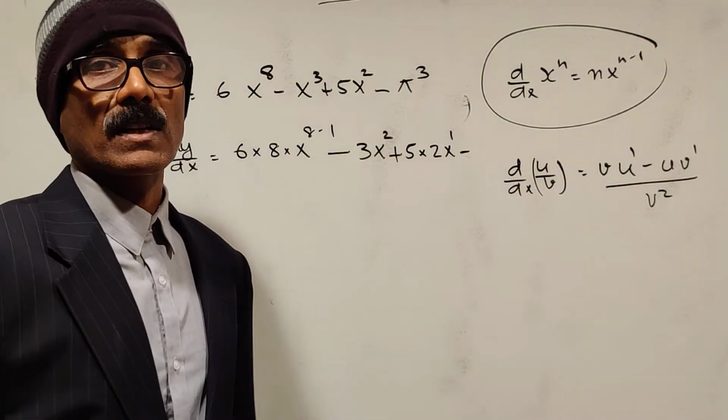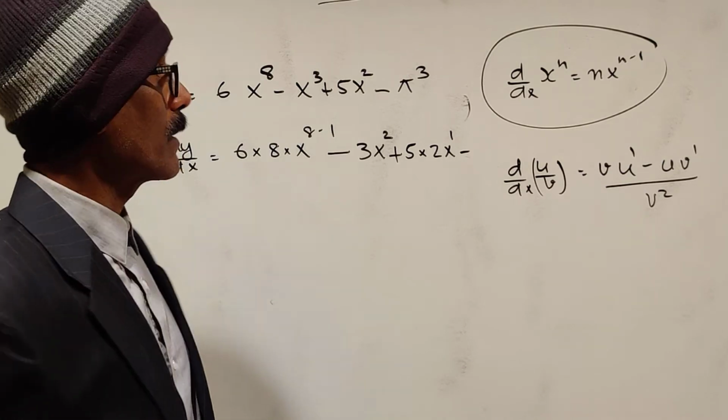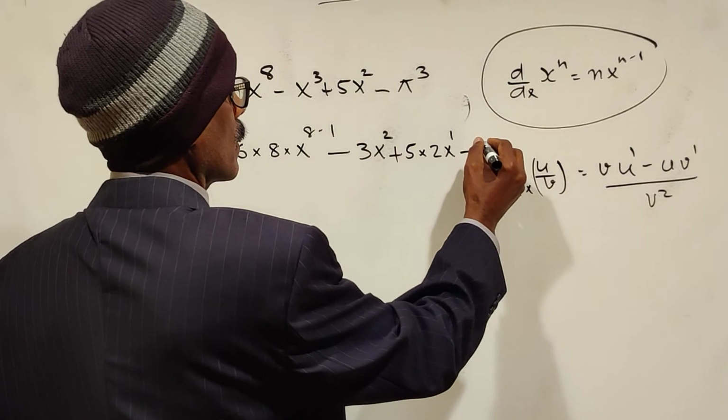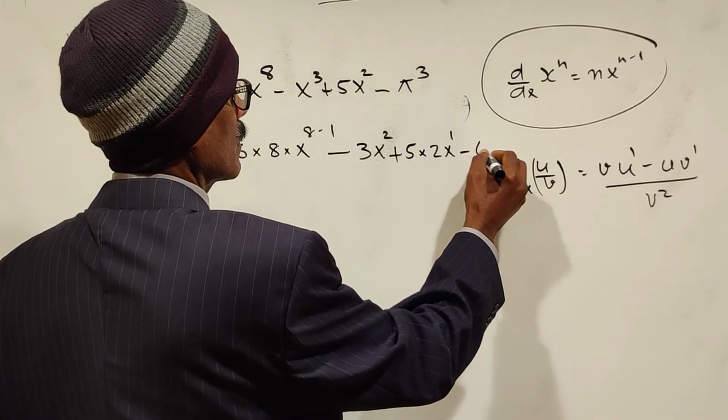Pi is a constant, 3.1415, and the derivative of a constant is 0. You don't need to write anything, minus 0.